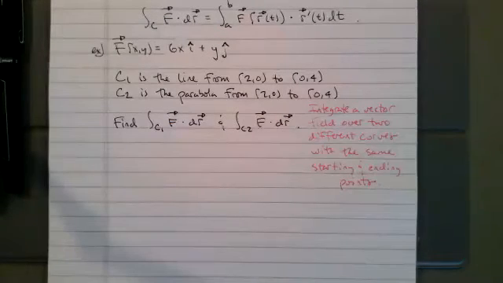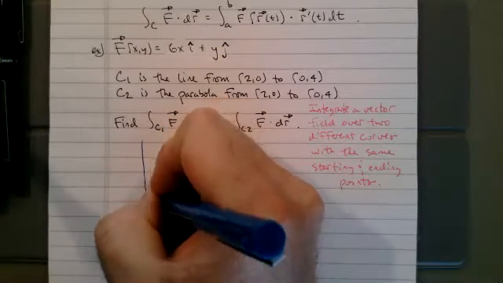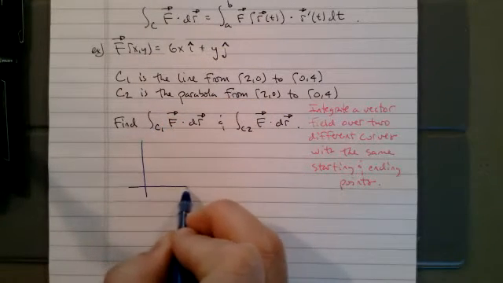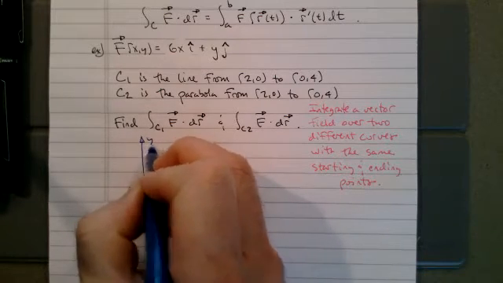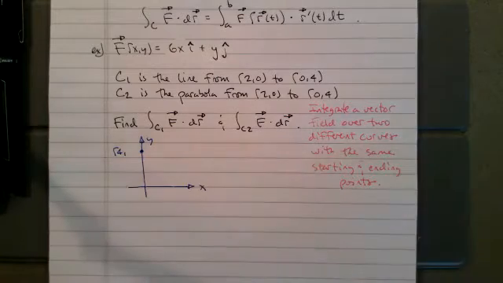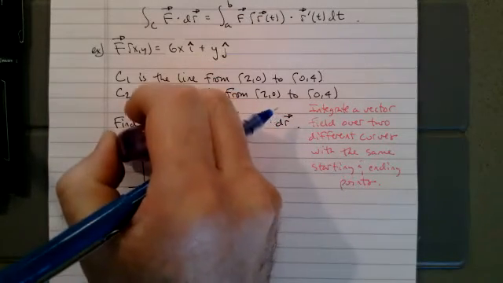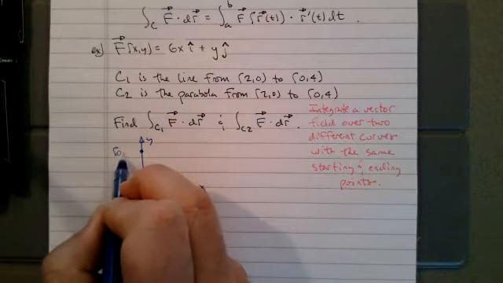So let's start with that. C1 is the line, oops, that's not (4, 0). Earlier today, I was teaching in the alternate universe where we list the coordinates the other way around. So sorry, it's hard to switch sometimes.